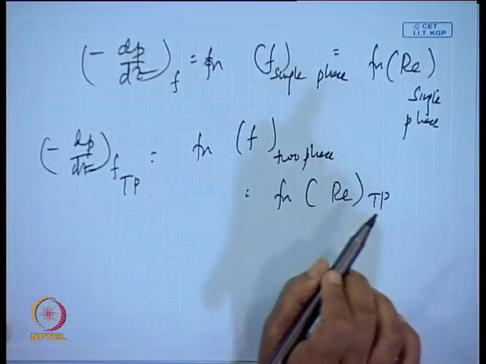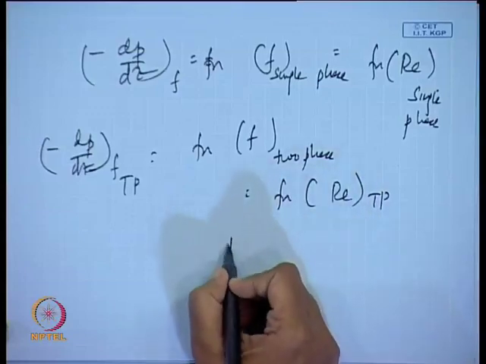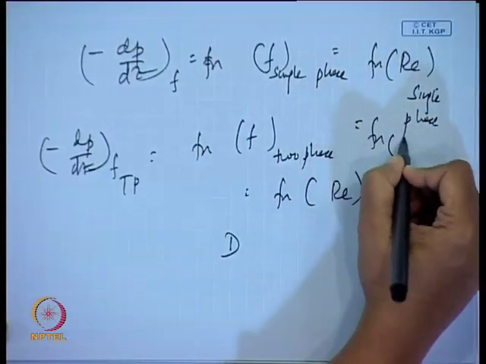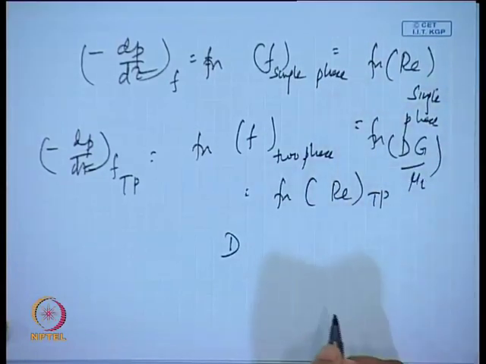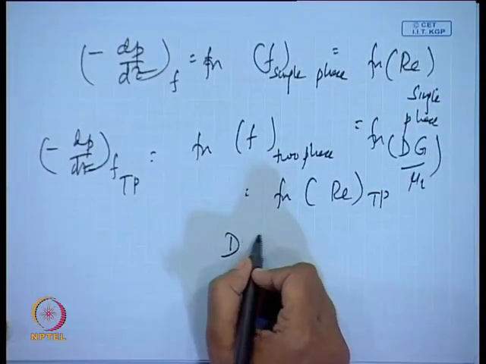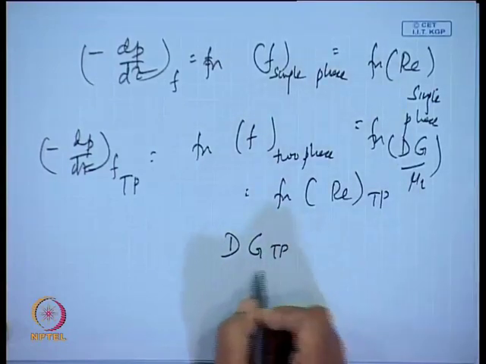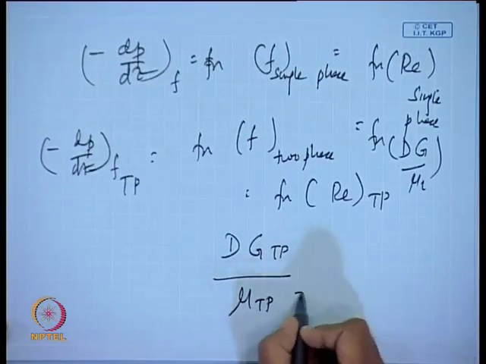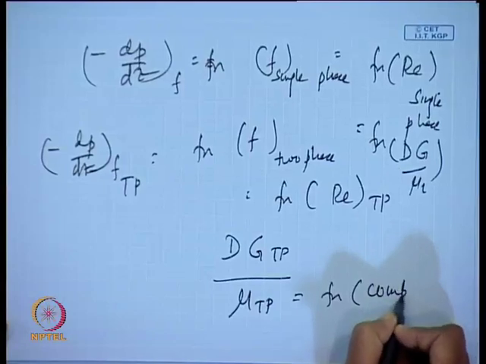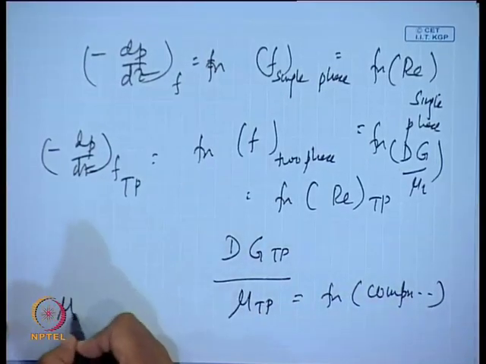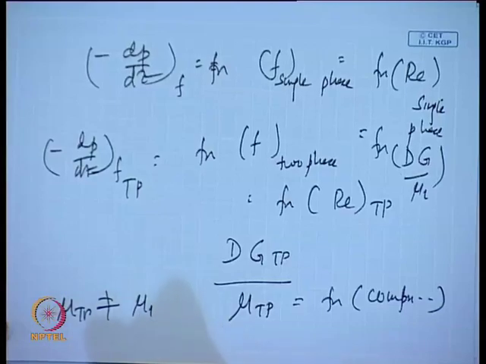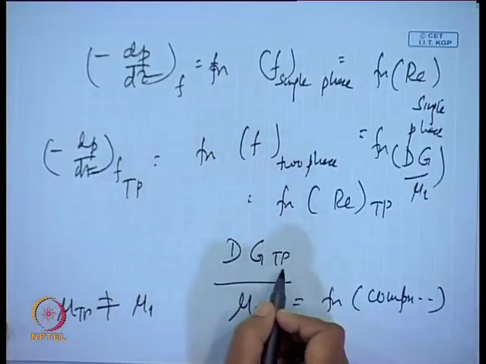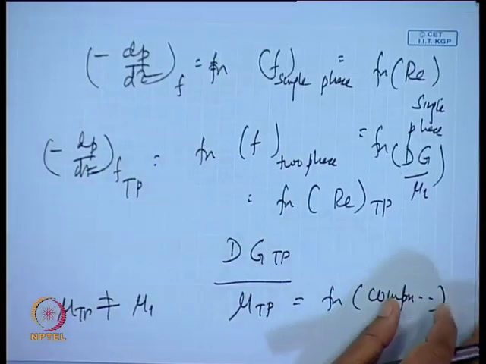But even if we define it, it should be dG by mu L. In this case, d is fine, the diameter of the pipe, and G TP is also fine, the total flow rate, but this definitely has to be mu TP, isn't it? Where mu TP will be a function of composition and things like that. So mu TP can never be equal to mu 1 or mu L, whatever it is. Therefore, even if we assume homogeneous flow theory, the frictional pressure gradient for the two cases will not be the same.